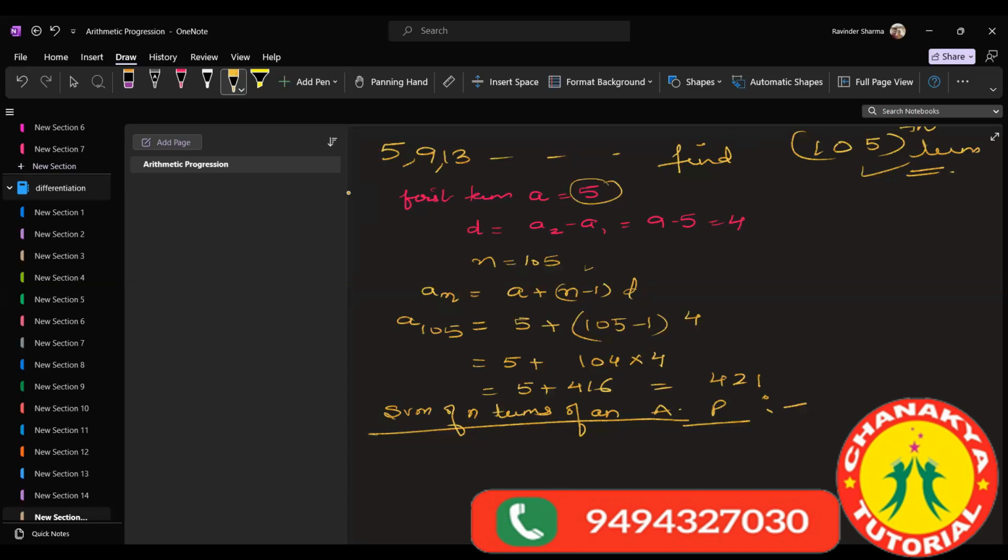Suppose I'm asking you 1 plus 2 plus 3 plus 4 plus 5. So what is the sum of this series? It contains only 5 terms. So what is the sum, beta? 15.